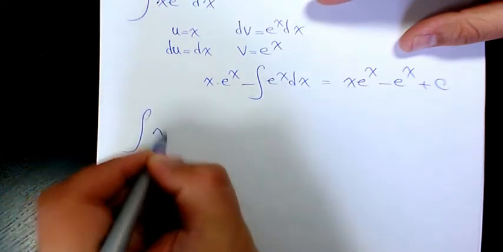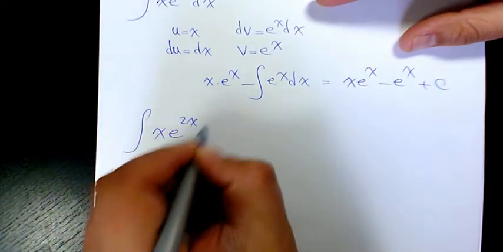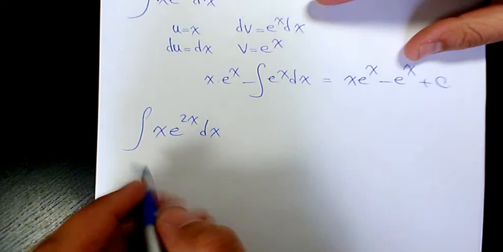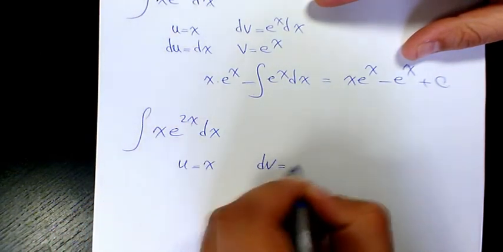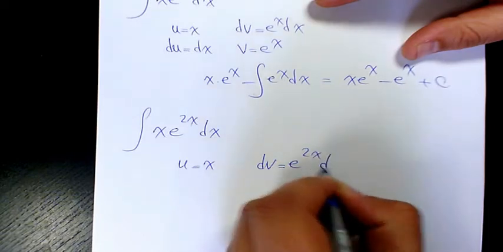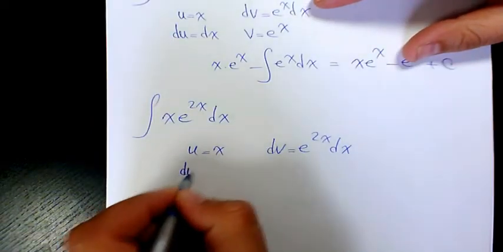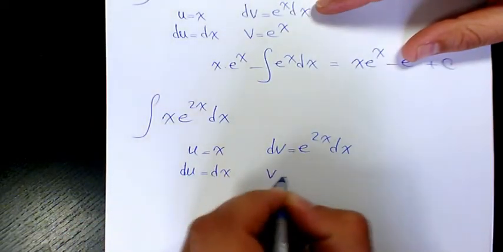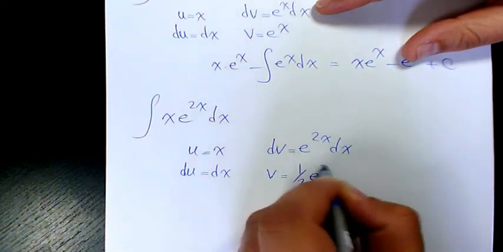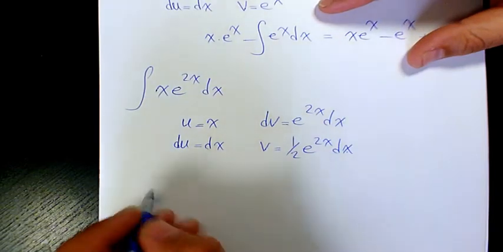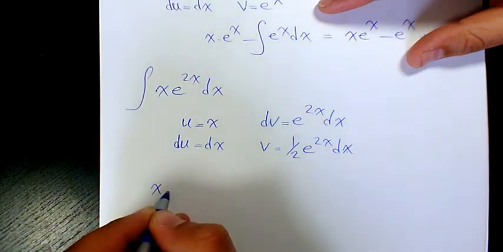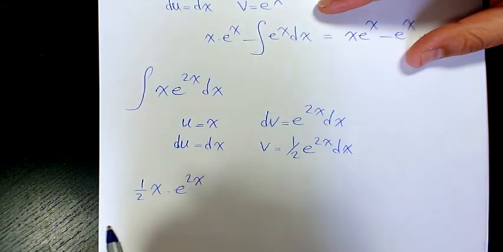If you have x e to the power of 2x dx, what will we do? Again, we have u equals x, dv is e to the power of 2x dx. So du is going to be dx, v is going to be 1 over 2 e to the power of 2x. U times v is going to be 1 over 2 times x times e to the power of 2x.